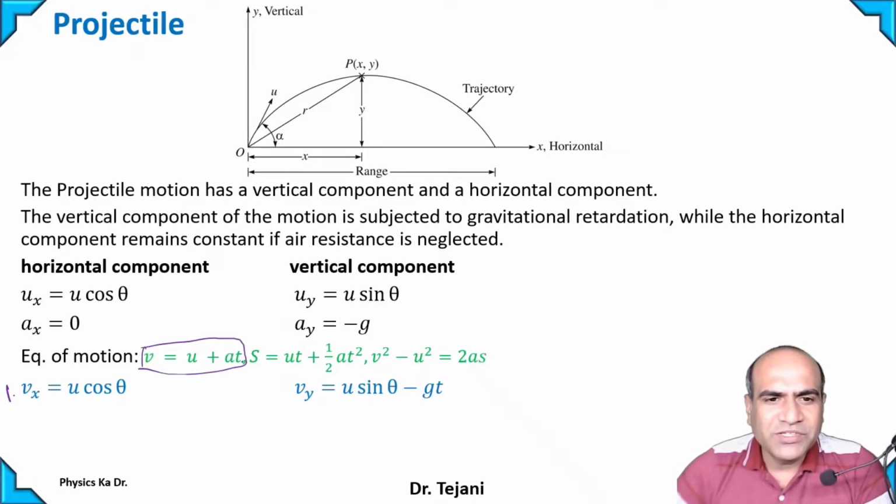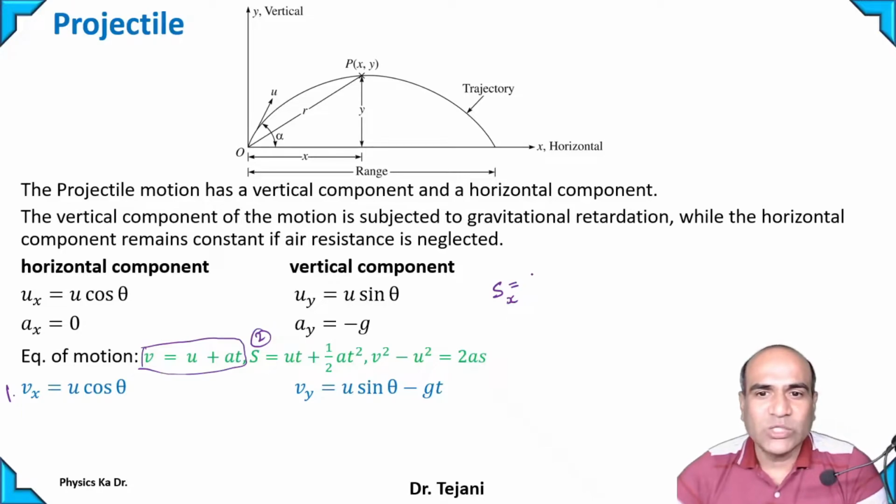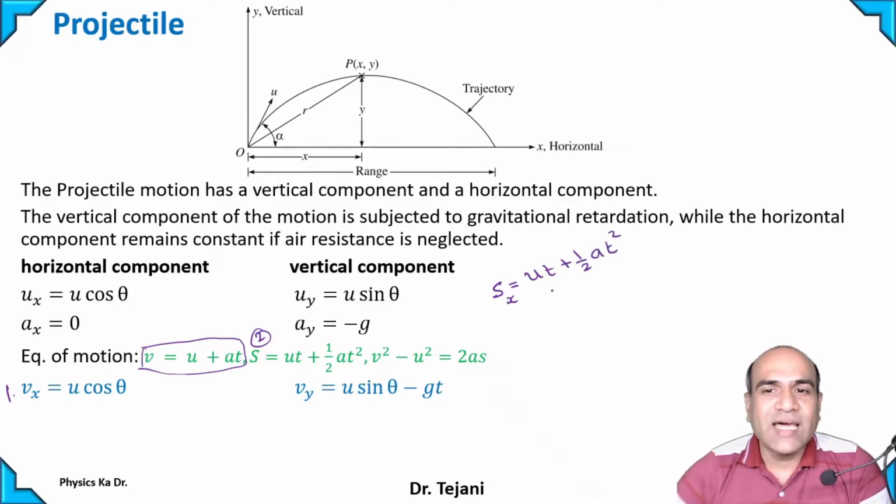Let us derive the equation from equation number 2. S = ut + 1/2 at square. So we can take the horizontal direction x, at any particular time, Sx = ut + 1/2 at square in the x direction.